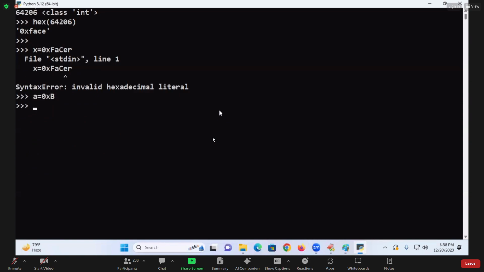0xB. What is the value of B? What is the value of A? You're not intelligent, students. B value is 11. Direct question: A is 10, B is 11. I'm asking which answer? What is the answer?